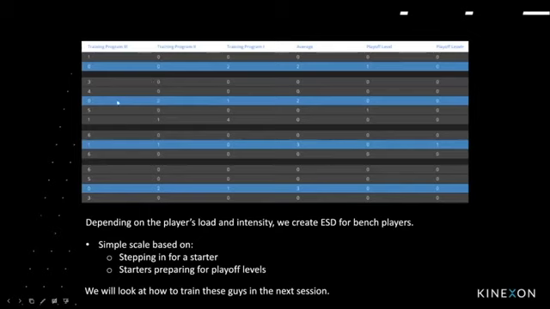So let's just say if this blue is Kyrie Irving, I want to make sure that his subs are going to be able to step in if he does get injured, right? So what this is saying here is that the average game for my guys in blue is right here, under the average.